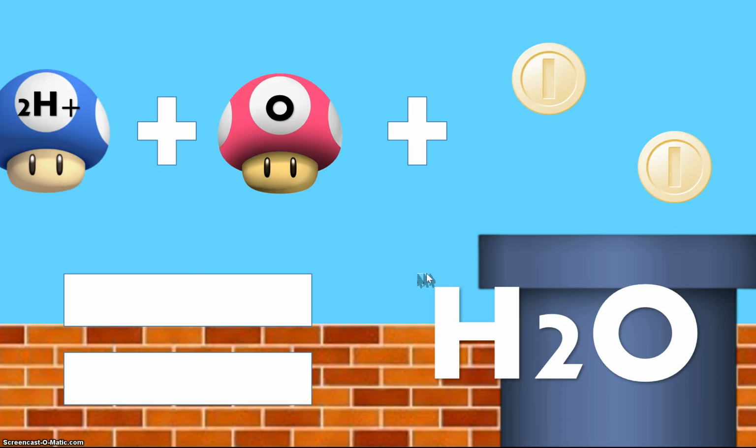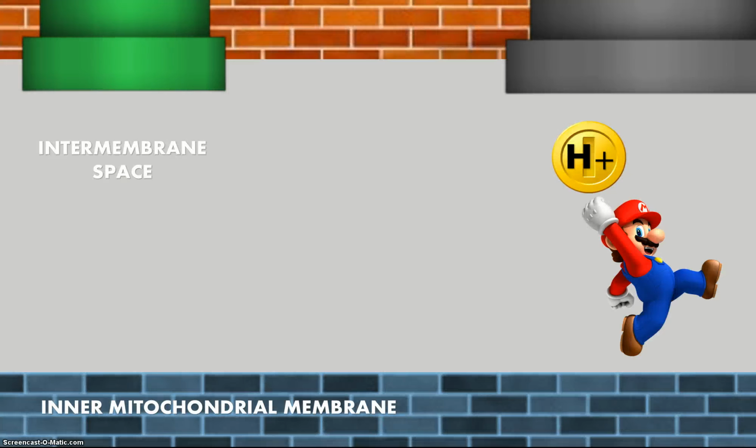So as we go back in, after all these H pluses are moving out and creating energy, which is going to be really important for processes later on, in level 3, we're going to have Mario take some H plus and put it through the gray tube here, which is representing a molecule called ATP synthase, which is the key producer, obviously, as it's named, of ATP, or the energy that we are looking to make from this overall process.